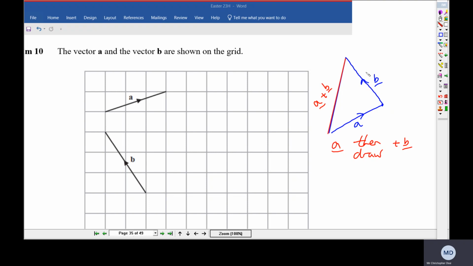So you draw A first, then you draw B, and then you draw A plus B. A minus B means draw A, and then draw minus B.